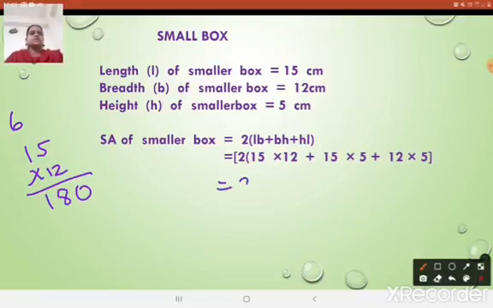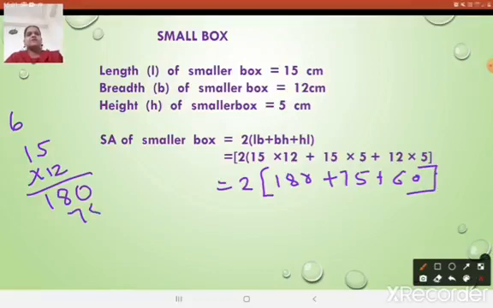So you will get 2 in the bracket 180, 15 5s are 75 plus 12 5s are 60. Is it correct? If you add 180 plus 75 plus 60, what will be the total? 8 plus 7 is 15, 15 plus 6 is 21, so it will become 315.